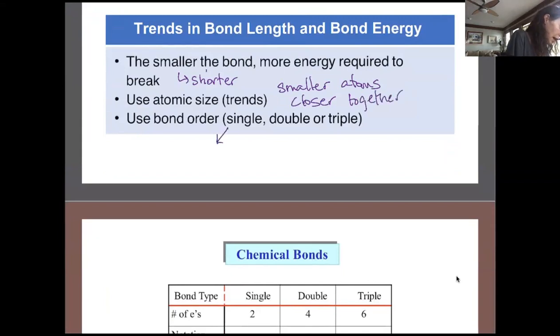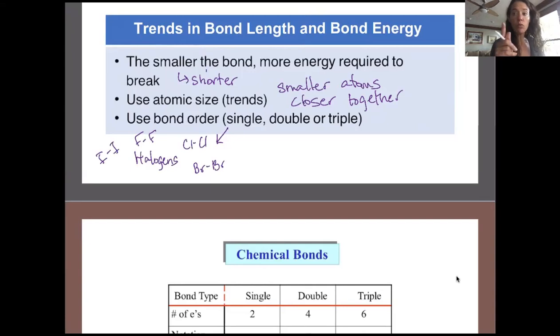It's worth pointing out that halogens always form single bonds, right? Br2, Cl2, F2, I2. You just know them, the halogen diatomic molecules. Double bonds, O2 is double.